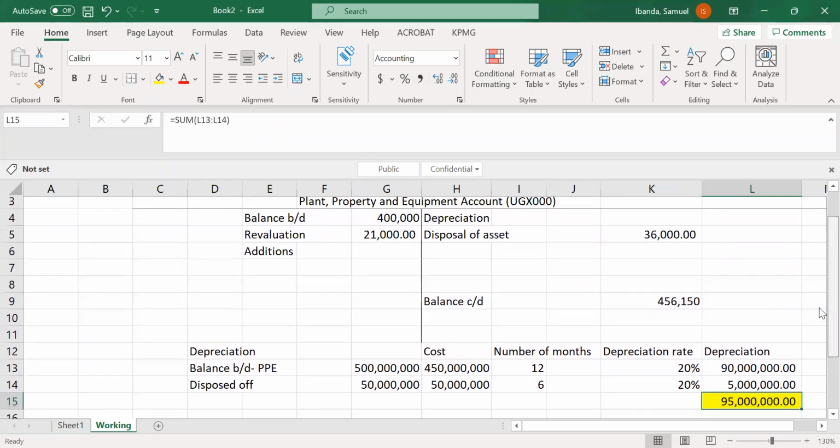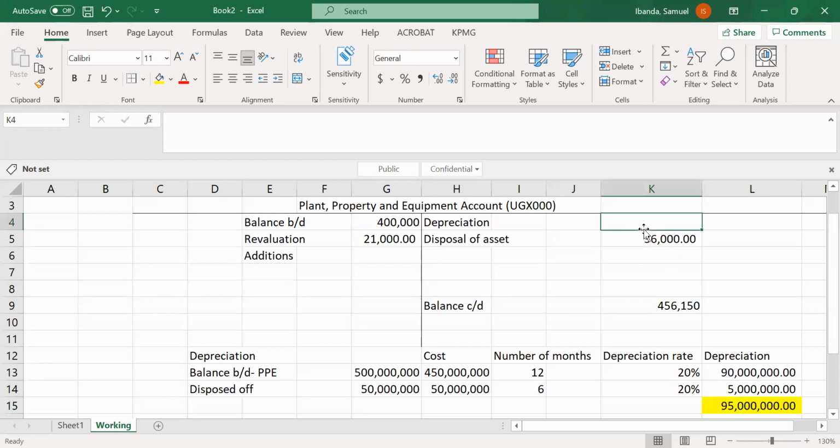So the 95 million will come here. I'll call it 95,000. Okay. And after this 95,000 comes here, I already have the disposal of asset. And then I also have the balance brought down here, then revaluation.